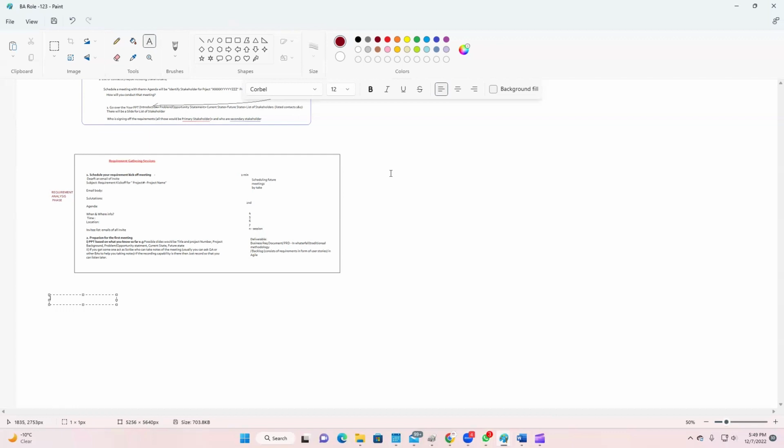If 2 months is their timeline and they completed it in 1 month, that means the requirements are complete and every due diligence has been done. It means they are very efficient and a very good resource. It will have a positive impact on the project timeline, because then design can start early, and development and all those.